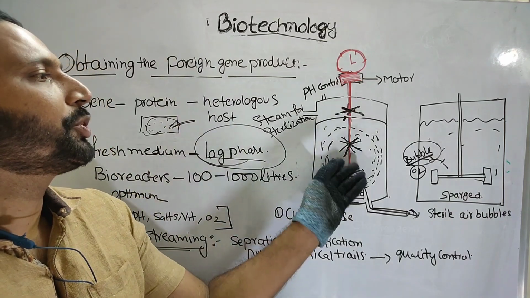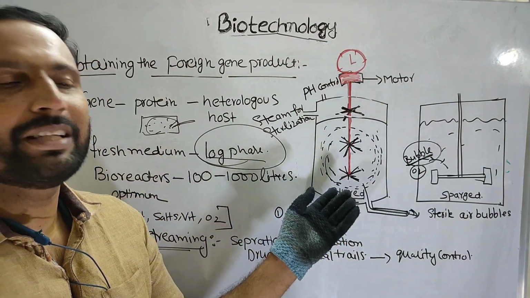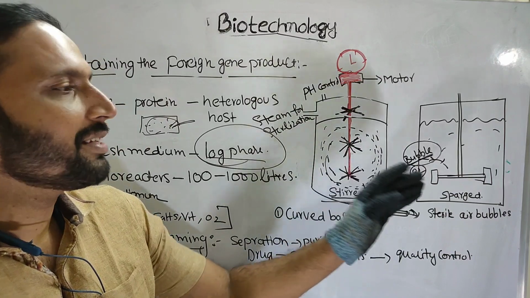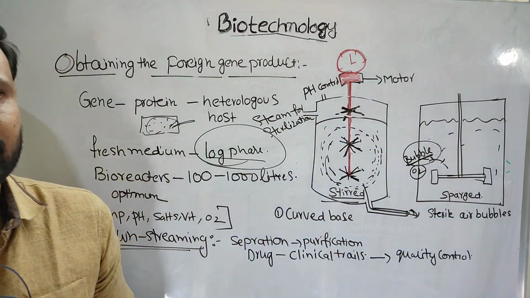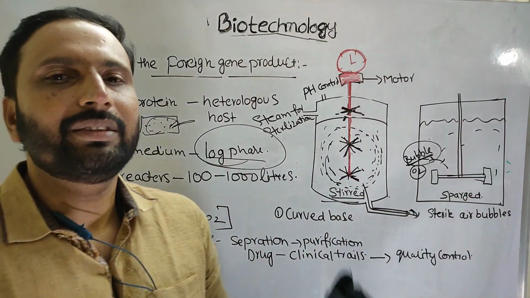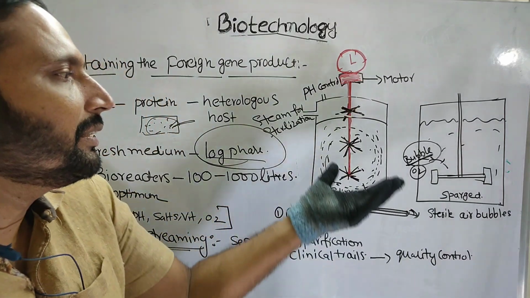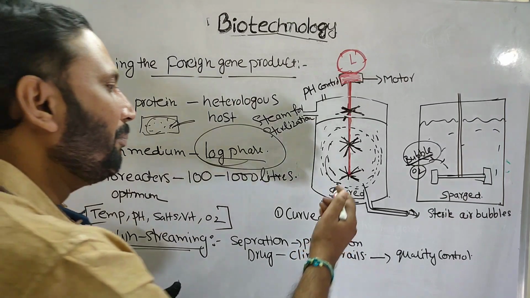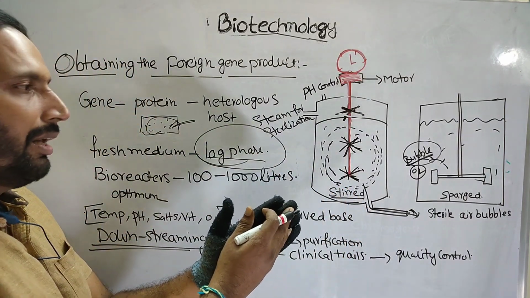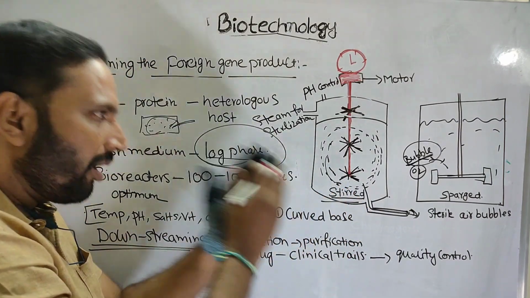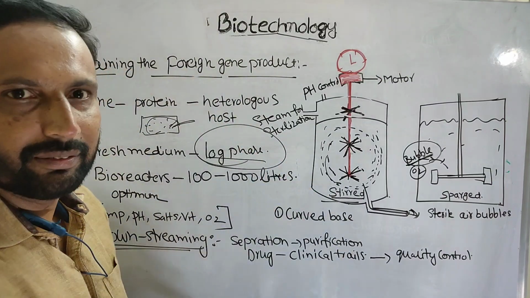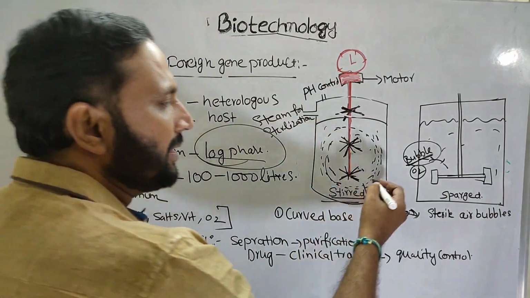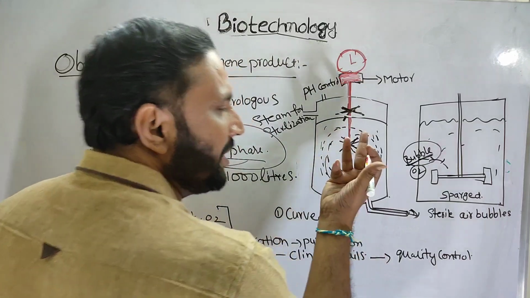So the bacterial cells should be cultured in stirred bioreactors or sparged bioreactors. What are bioreactors? These are culturing vessels that can maintain proper pH, temperature, salt, vitamins, and oxygen. For example, take the stirred one, where there is rotation.